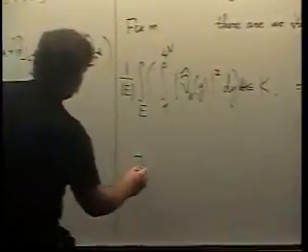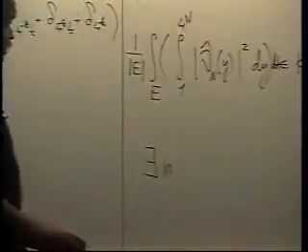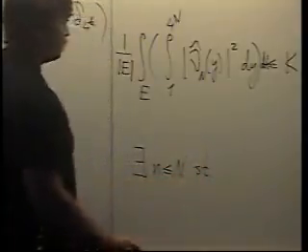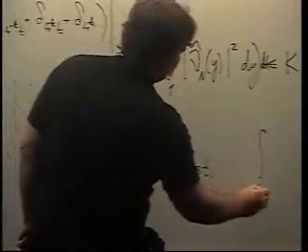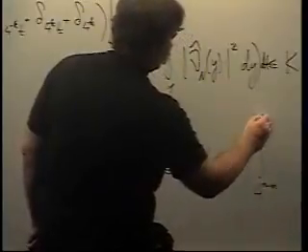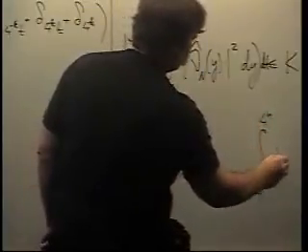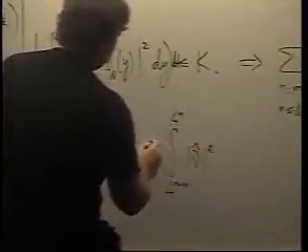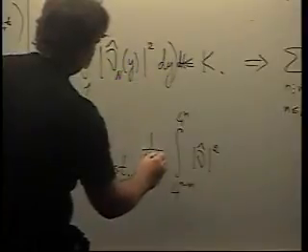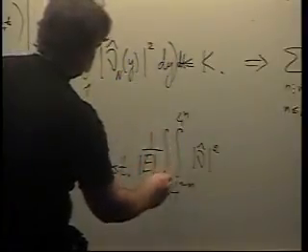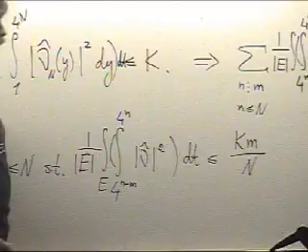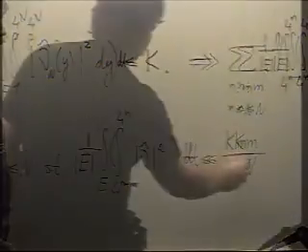I say that there exists some n, not exceeding capital N, such that the integral from 4 to the power n minus m to 4 to the power n of Fn squared, actually it's the average over E, is not greater than what? K times m divided by capital N.